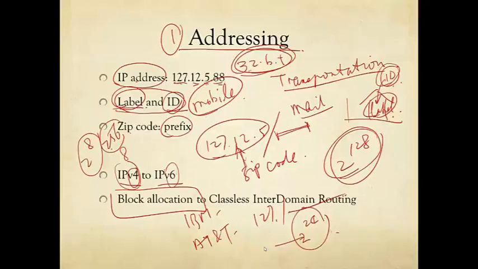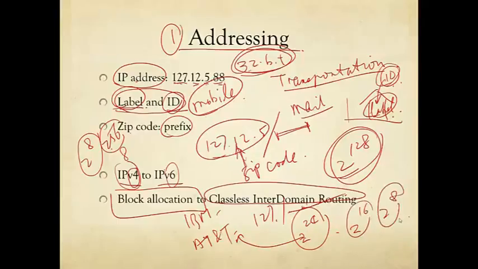That many addresses is given to you. Well, it turns out that some of these addresses are not even used, but they're already allocated. So later people switched to so-called classless interdomain routing. You don't give away blocks of IP addresses, 2 to the 24 to the top class, 2 to the 16 to the next class, 2 to the 8 to the next class. Even then, that was not enough. We have to switch to IPv6.